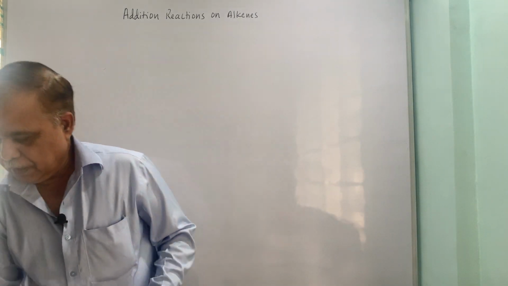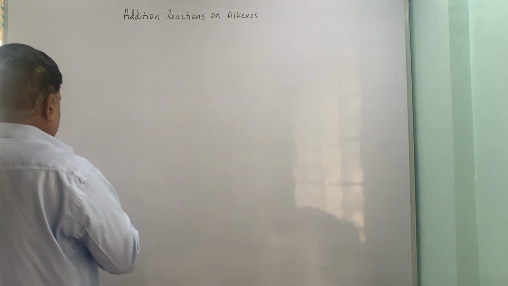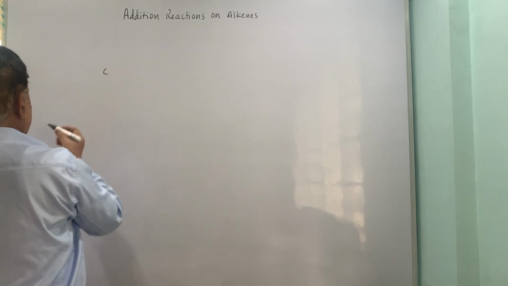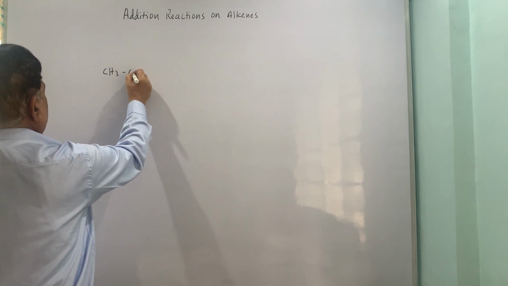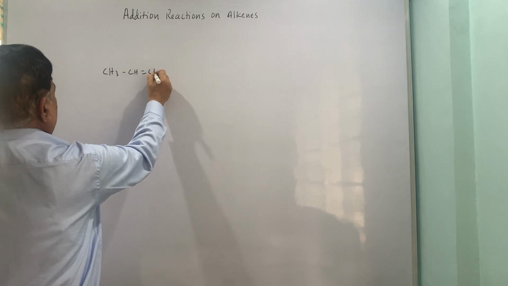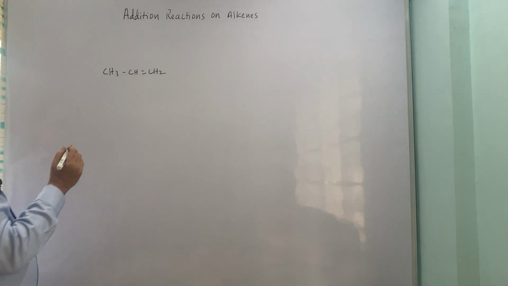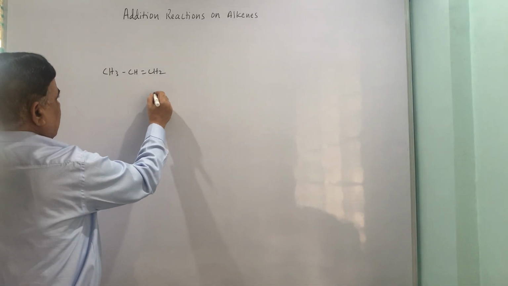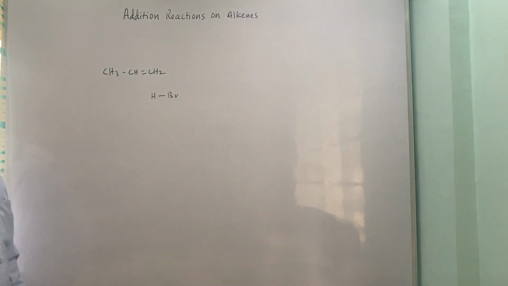So, let us start with a simple alkene, that is propylene. This is propylene or 1-propene, and if you add, say, HBr to this, what will happen?